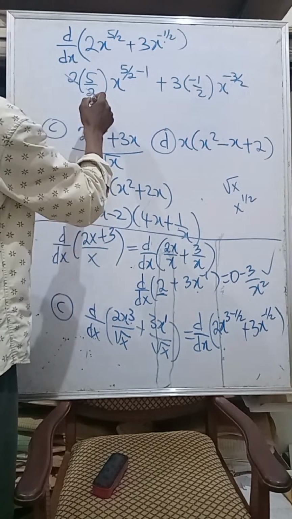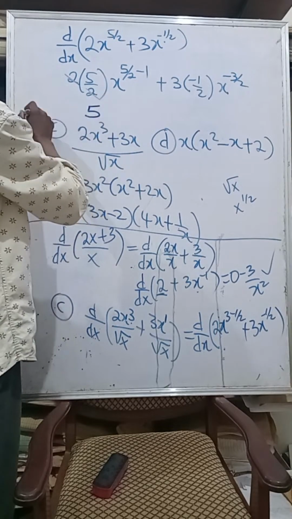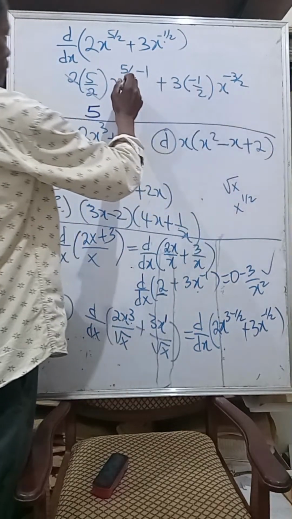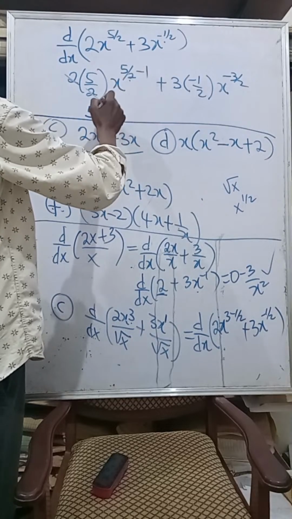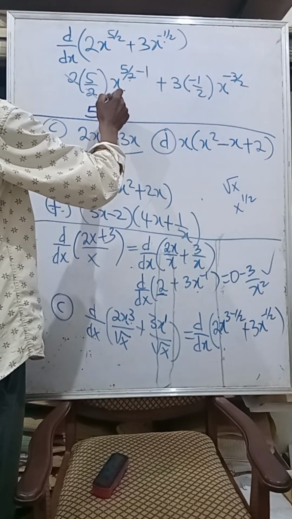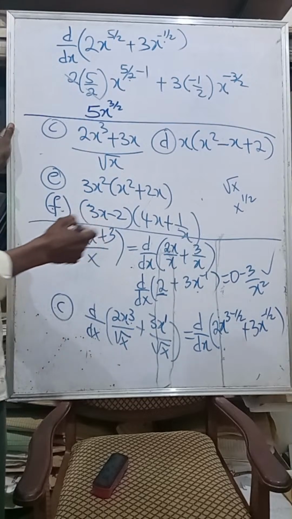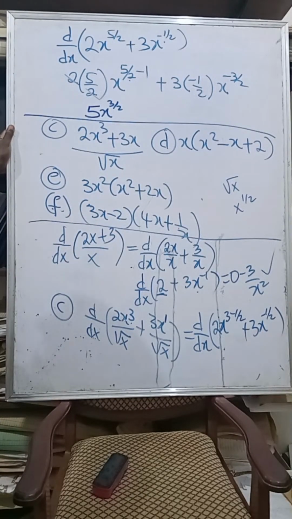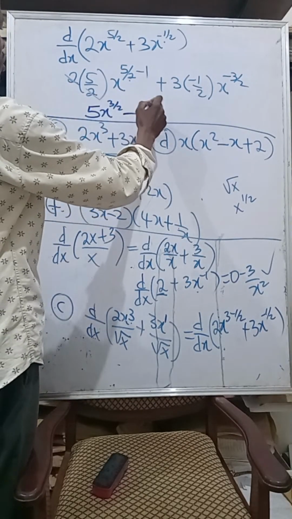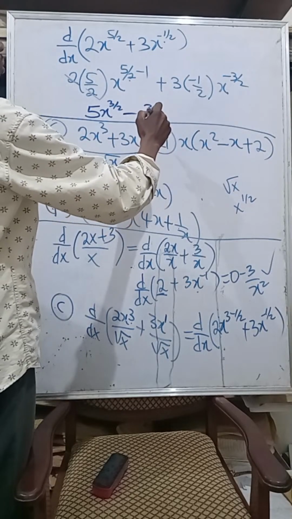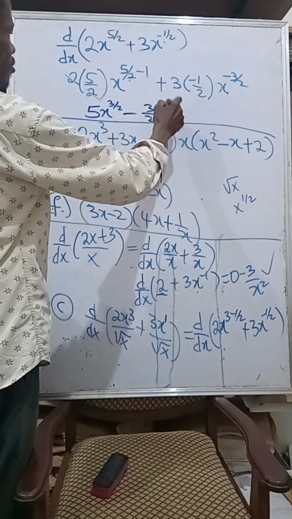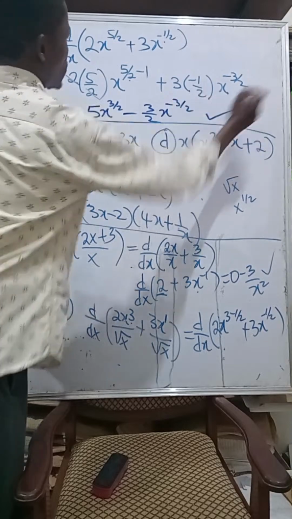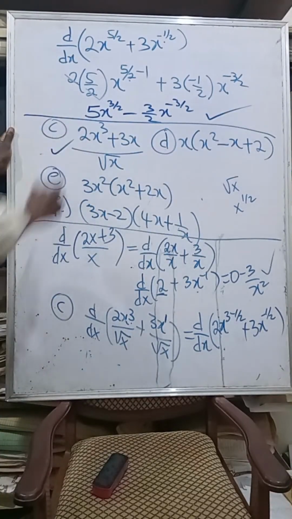So that will be 5 x to the 3 over 2, then minus 3 over 2 x to the minus 3 over 2. I'll finish the C part.